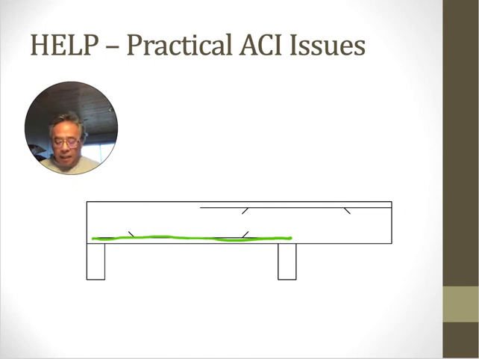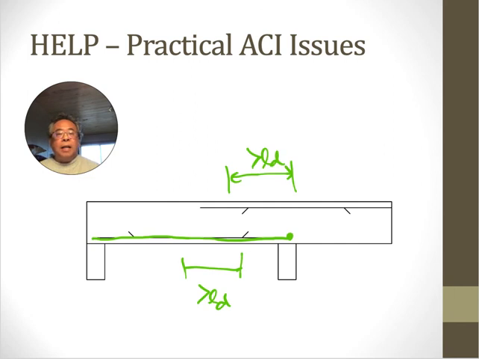You need to check, is that to the maximum greater than LD? You also need to check from there to the theoretical where it was going to cut the bars. Is that greater than LD? And I'll have a separate video just explaining this LD check, but we need to do that.